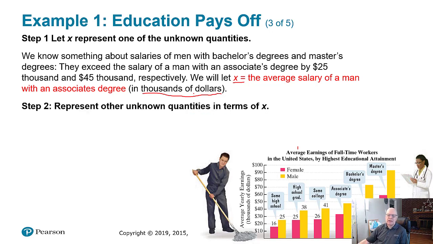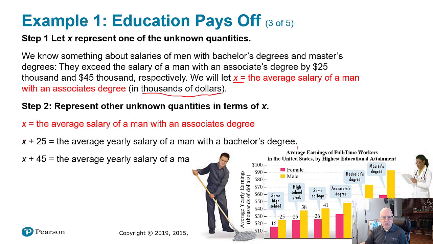The other quantities, well, we're talking about the bachelor's degree and the master's degree. So for the bachelor's degree, x plus 25 will represent his average yearly salary, and the x plus 45 will be the yearly salary of a man with a master's degree. I guess I cut part of this off. My apologies.